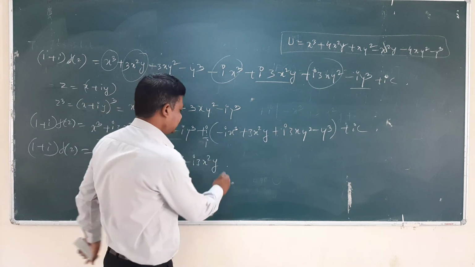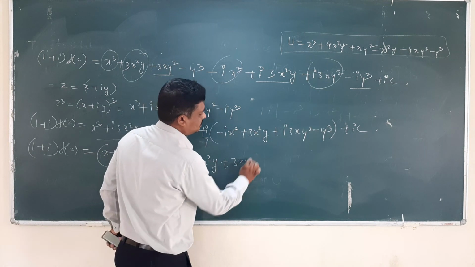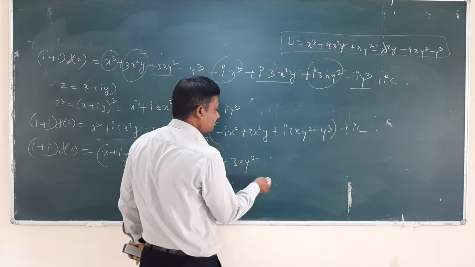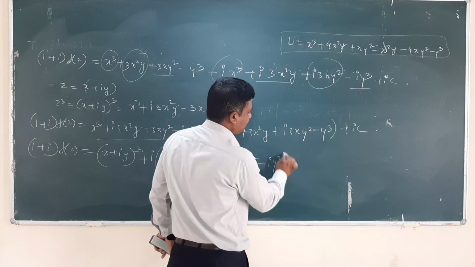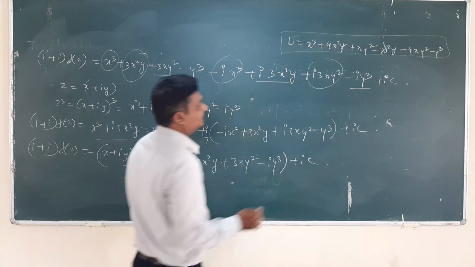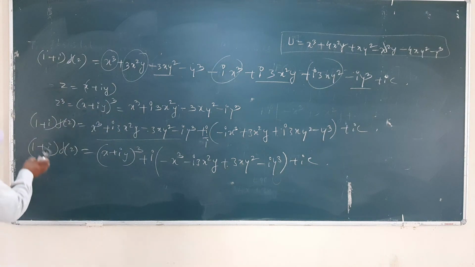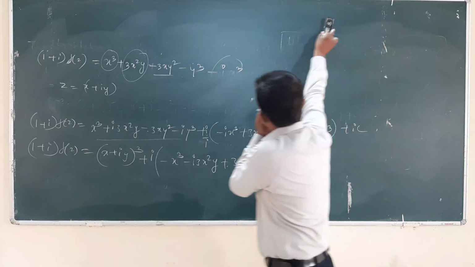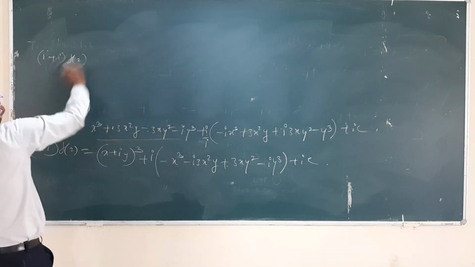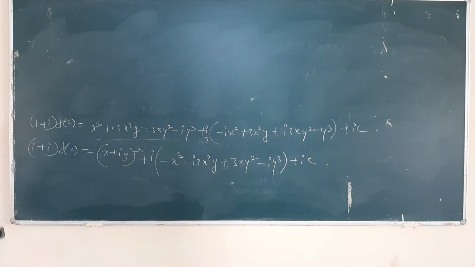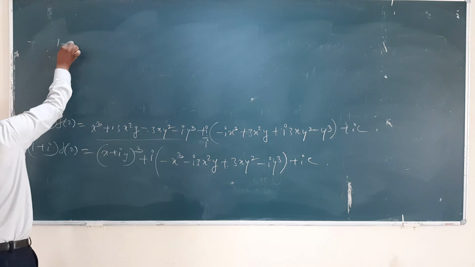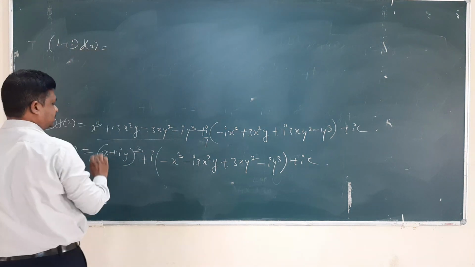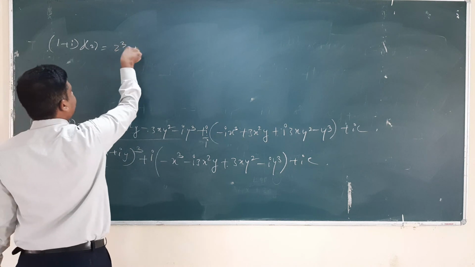Again here i and i will cancel, plus 3xy square. Again 1 upon i is minus i, y cube plus i into c. So (1 plus i) into f of z, this is nothing but z cube.